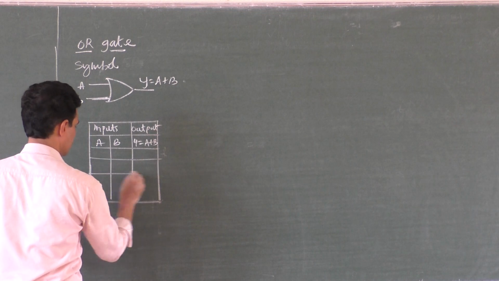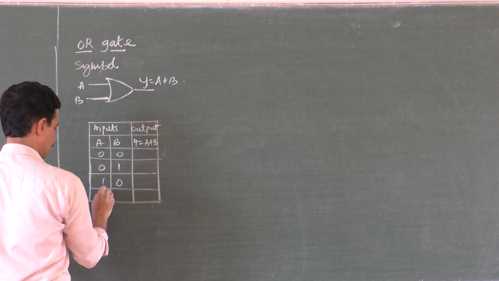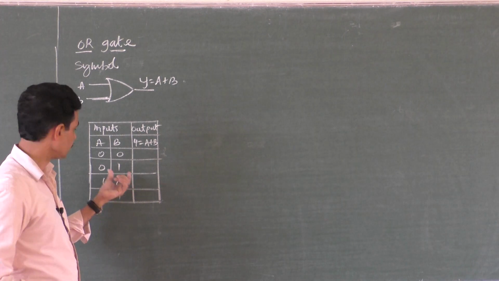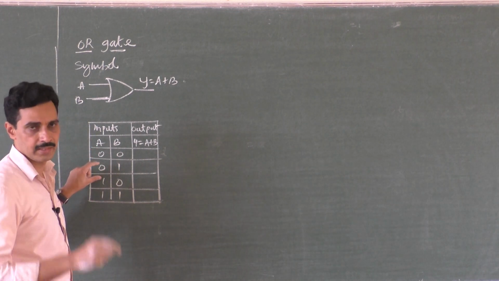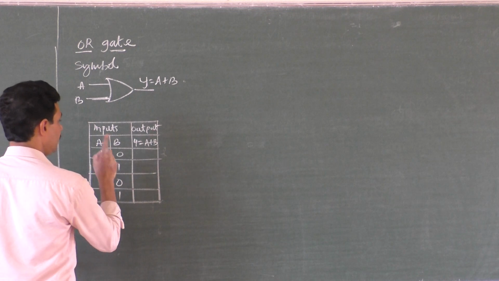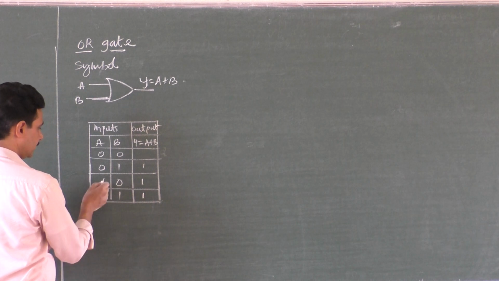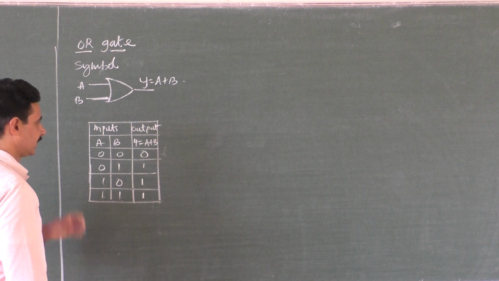All possible combinations: 0 0, 0 1, 1 0, 1 1. I have told you already that you have to toggle this every now and then, but this is toggled once in two times. So if any one of the inputs is 1, definitely output is 1. If both are 1, either A or B or both, output is 1. When both are off, you don't get the output.